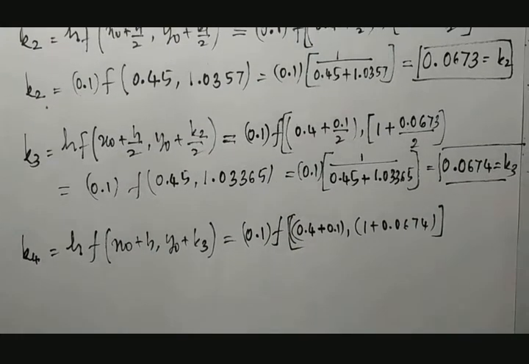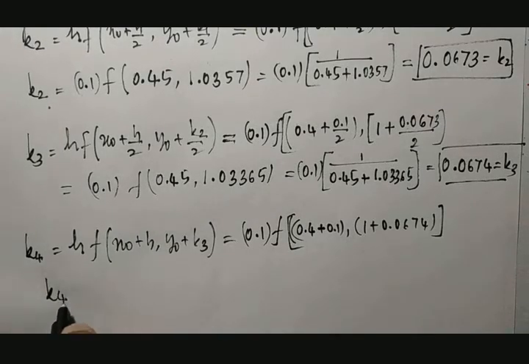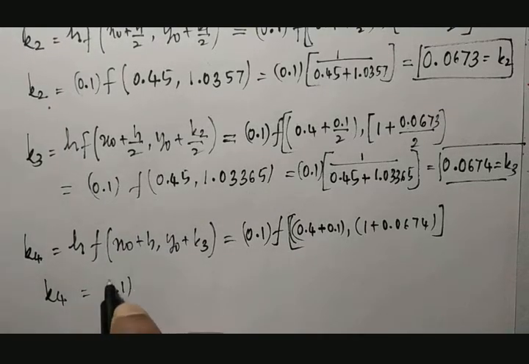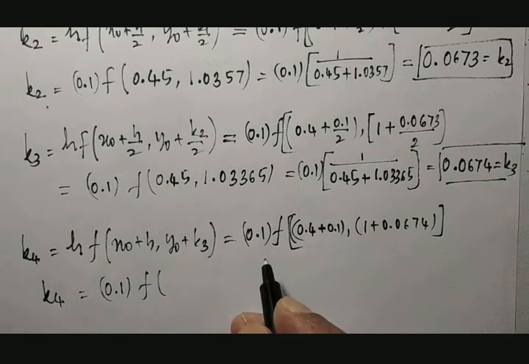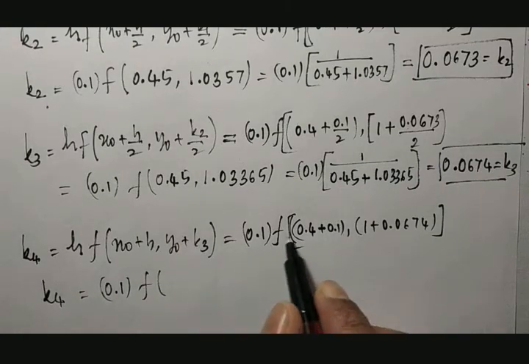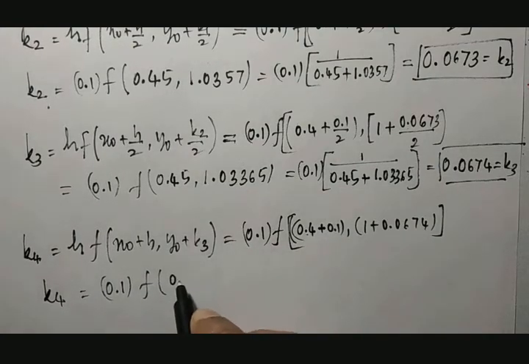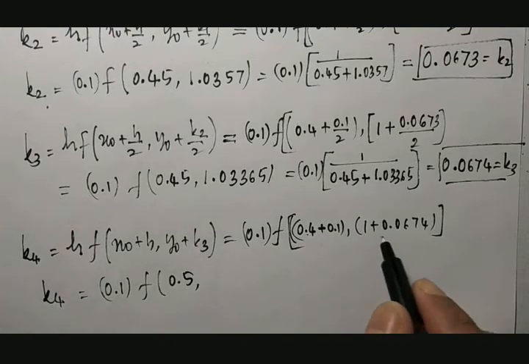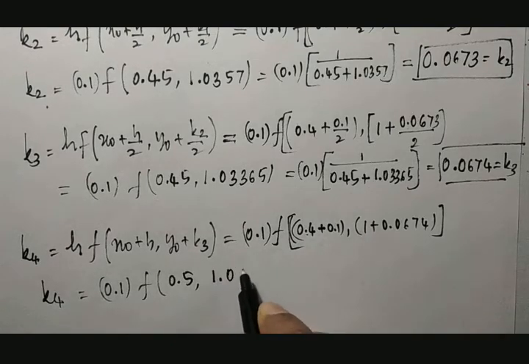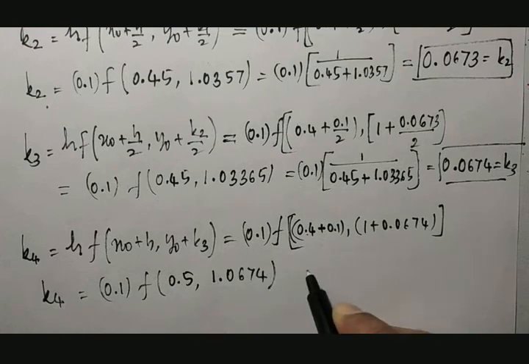Okay, therefore K4 is equal to 0.1 into f of, let us see how much it is now. 0.4 plus 0.1 is 0.5, comma 1.0674.